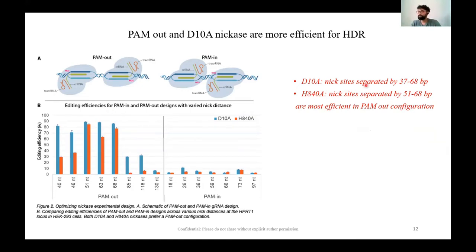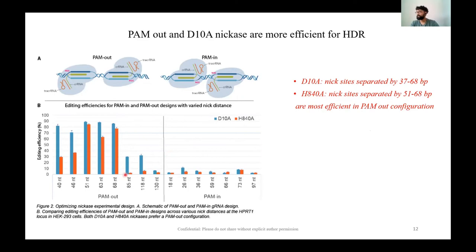The most optimal spread of guide RNA spacing in this scenario, if you're using the D10A version, which is the RuvC, is 37 to 68 base pairs of spacing, right? Efficiency in this regard would be up to 80%. If you go beyond, it will be less.